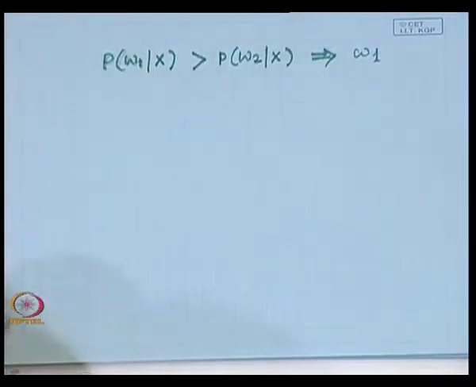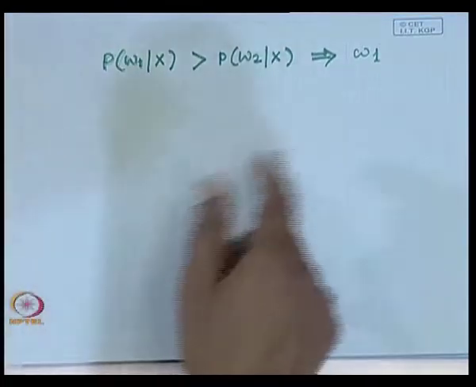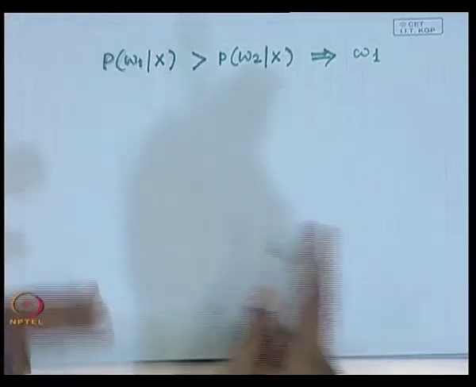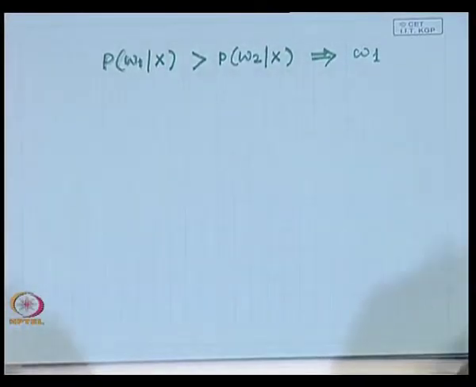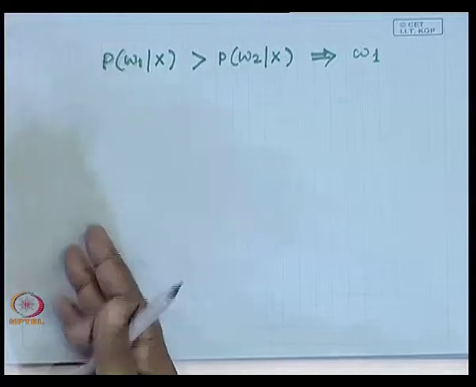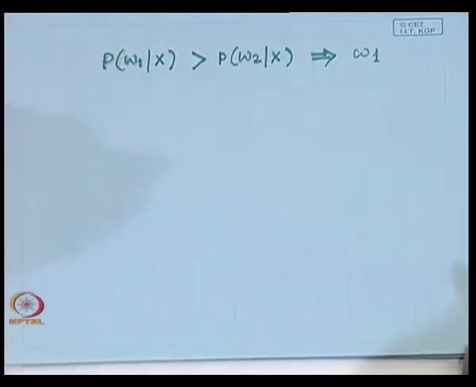Okay. So, the difference between our generalized case and the specific case is that here we had the simple expression: p of omega 1 given x greater than p of omega 2 given x leads you to the decision of omega 1, or in the present terms action alpha 1. If it is the reverse, then I have to take action alpha 2.